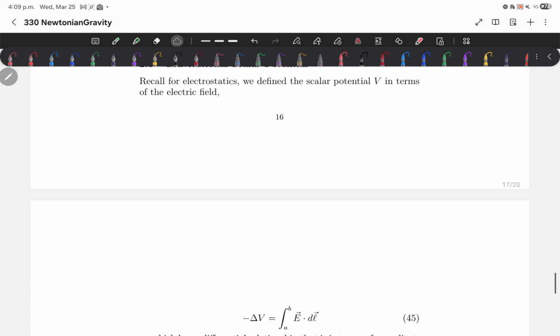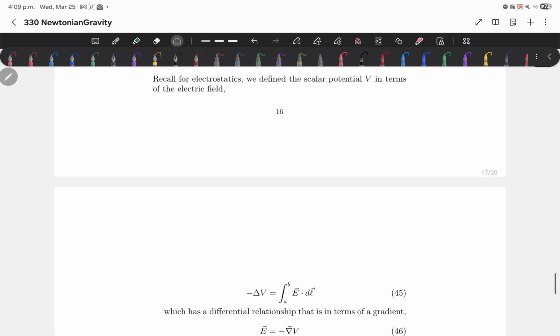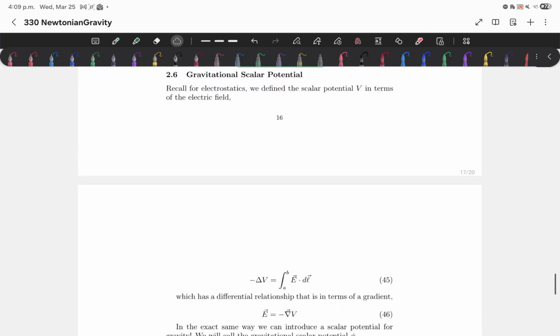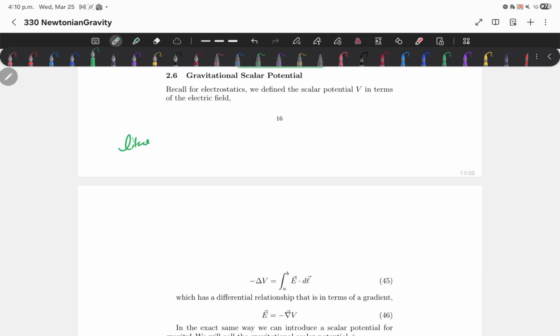Final topic today is the scalar potential. Well, wait a second, in electrostatics, we introduced V, the scalar potential for the theory. Can we do the same thing in gravity? It turns out, yes, we can. So first, let's review electrostatics here.